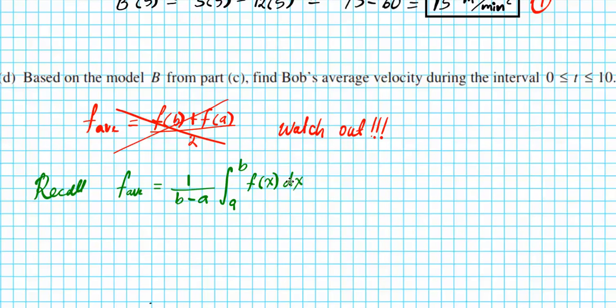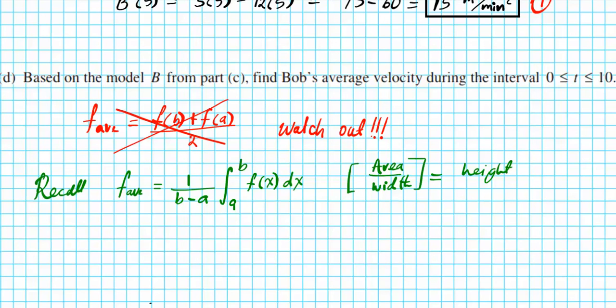You're left with the height. That's what the average value is. Okay, so you take 1 over b minus a times the integral from a to b of f of x dx. Think about it as area divided by width. All right, area divided by width, which basically gives you the height. That's what this formula is saying.